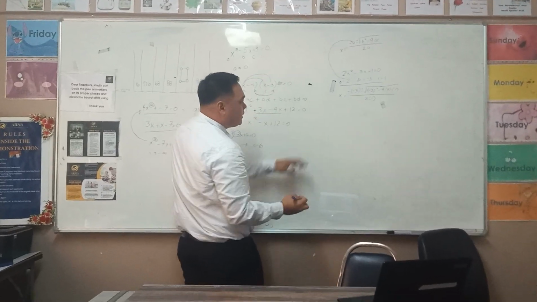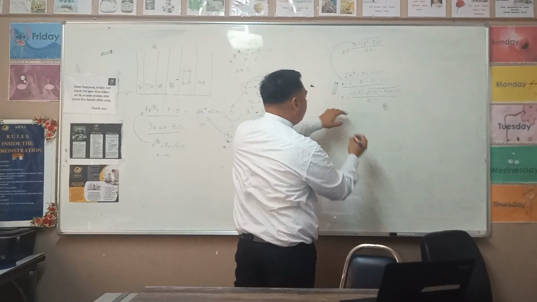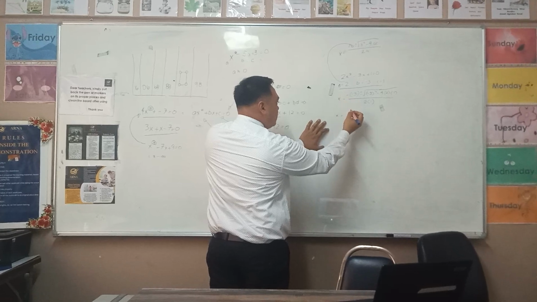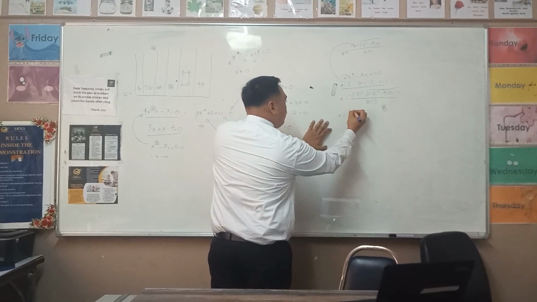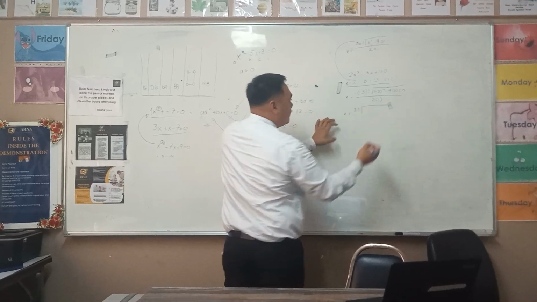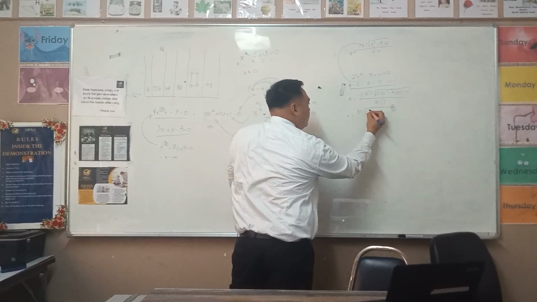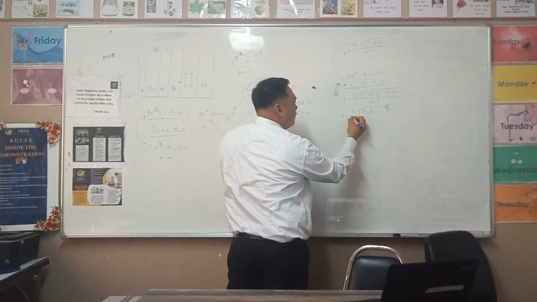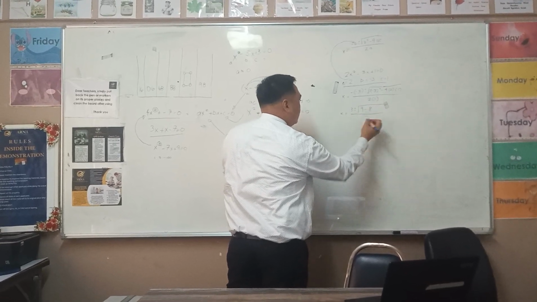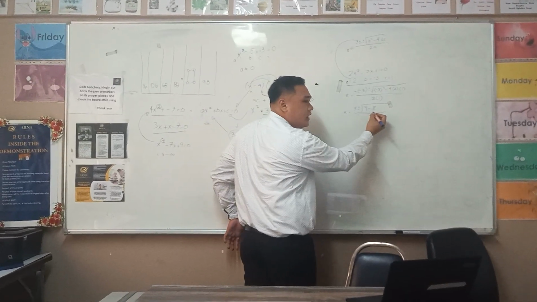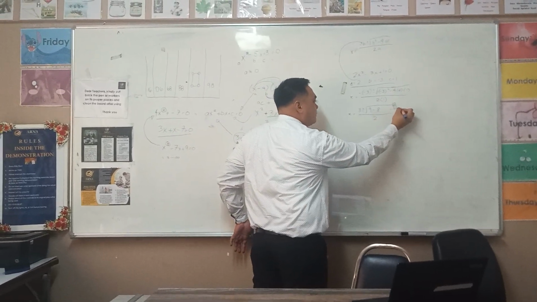So to solve this, the next step is solving one by one, which is x is equal to negative times negative, it's always positive, is 3, plus or minus the square root of 3 squared, which will be 9, minus 8, all over 2. Next, let's equate this: 9 minus 8 is equal to 1.